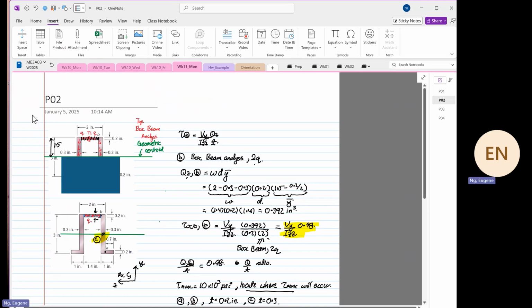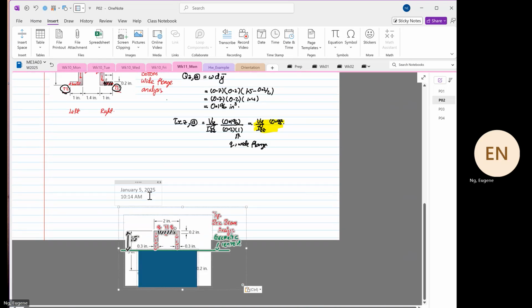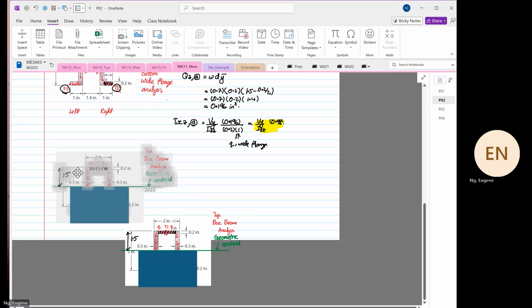Okay, so now I'm going to take the same diagram from here.